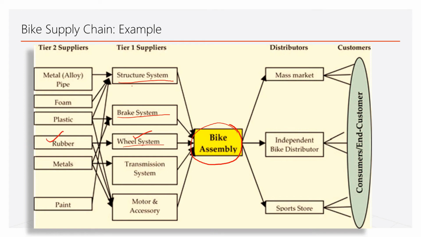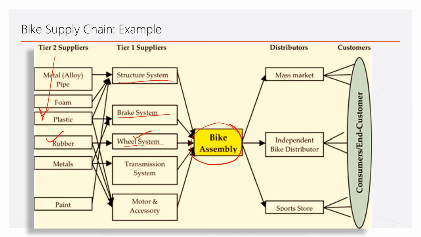So this is the first tier of suppliers, and for the bicycle, this is the second tier of suppliers. Once the bike is assembled by the manufacturer, it goes to the distributor, the wholesaler, or the dealers, and they distribute to the final customer, or provide the product to the final customer.